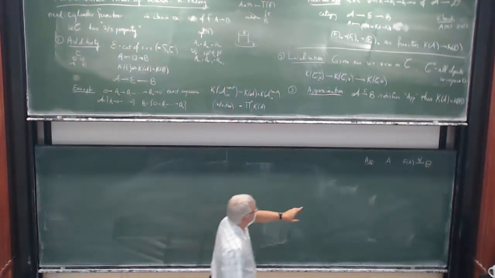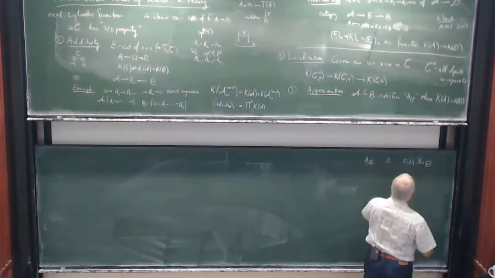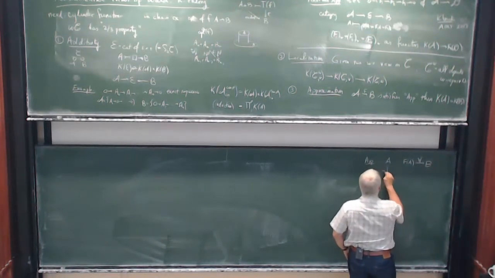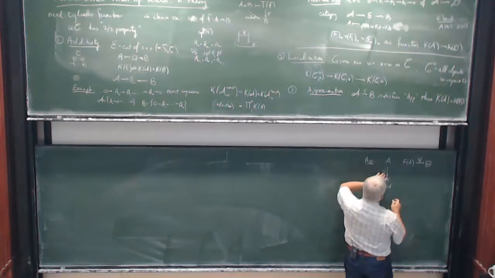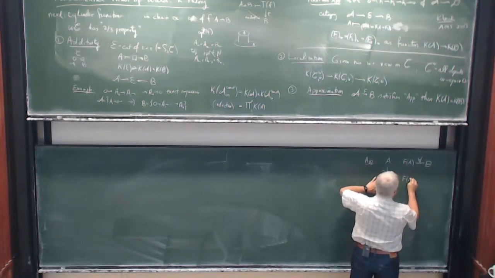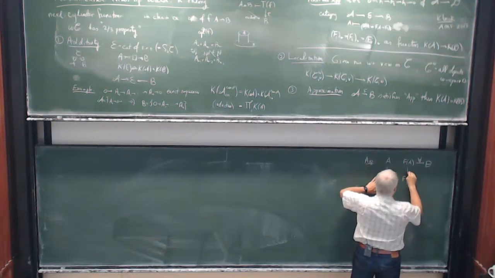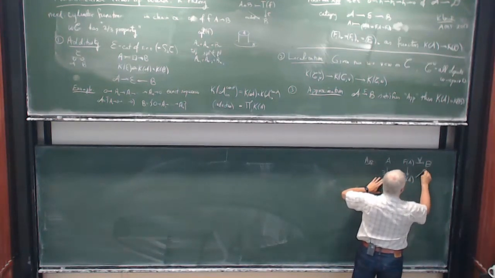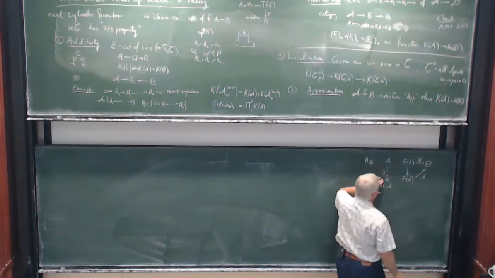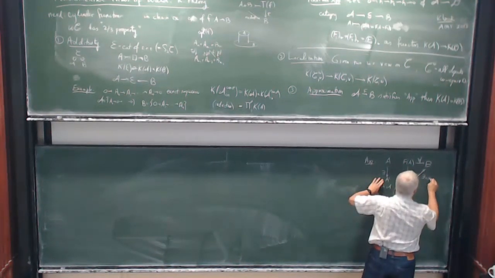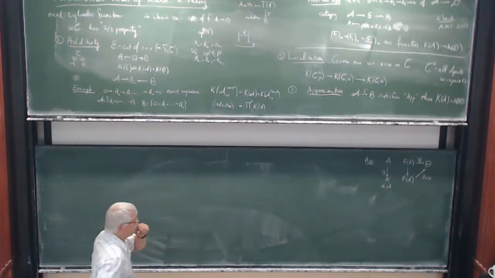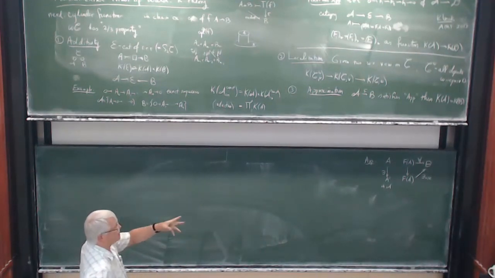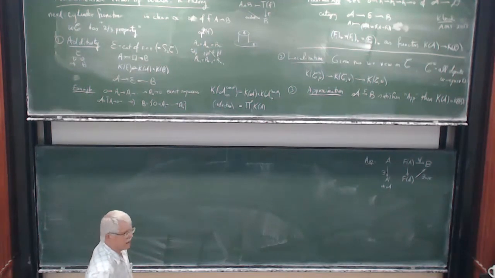For every map from something in A to something in B, there exists a map in A from A to A prime, such that if you apply this, and there exists a map like that, and that's a weak equivalence. Okay, so this is the approximation property, and let me give you an example.